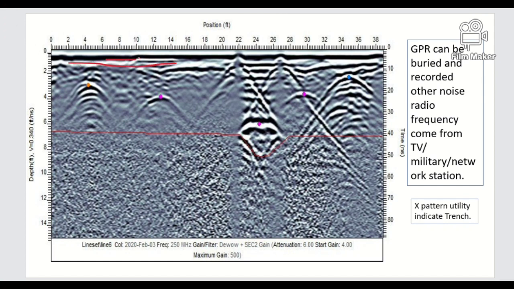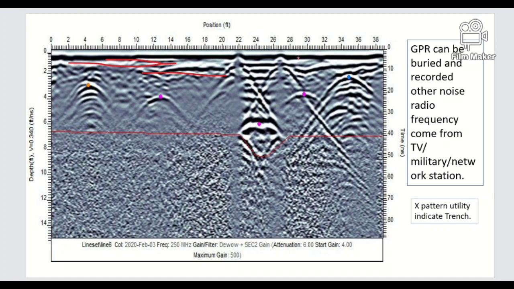Or if there is any other noise from radio frequency of a military station, TV station, or any other network station, GPR can record it, or the GPR wave can be barred by this type of radio frequency noise.